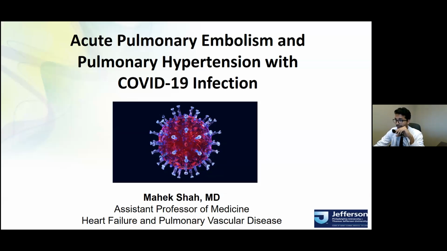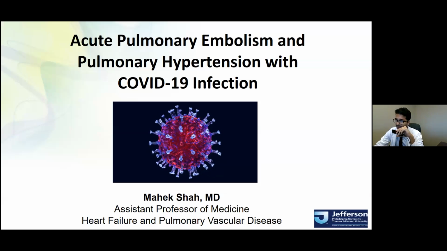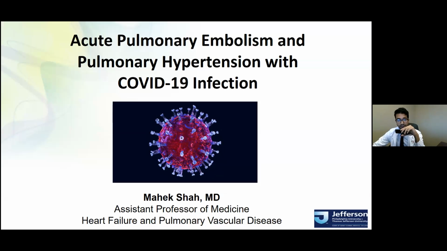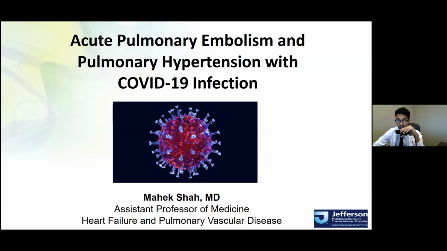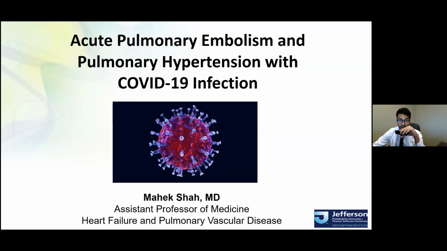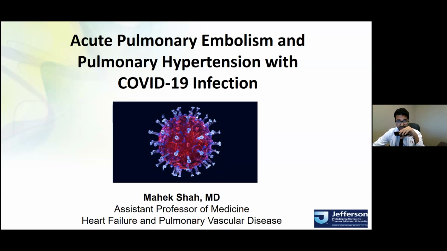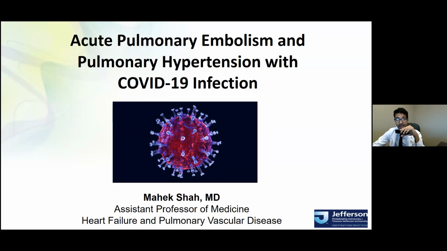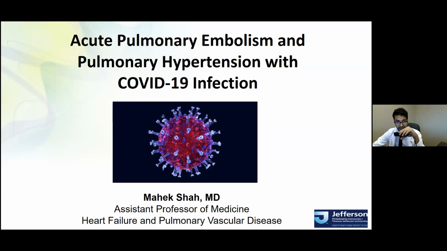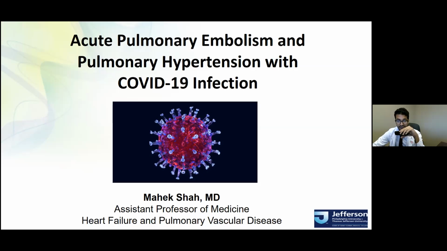So, like I said, our topic of discussion today is acute pulmonary embolism and pulmonary hypertension. I'll tackle these topics in two separate parts. First, I will deal with acute pulmonary embolism accompanying COVID-19 infection. And part of that conversation will be, is it something we see with just sick patients that are admitted with COVID-19, or does the virus itself have a direct correlation with causing or leading to acute pulmonary embolism or thrombus in the pulmonary arteries?